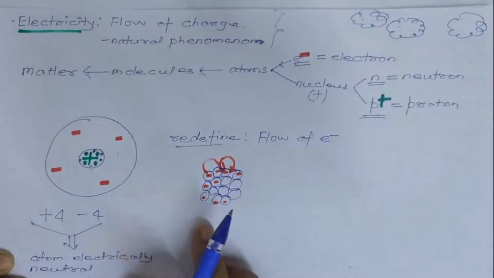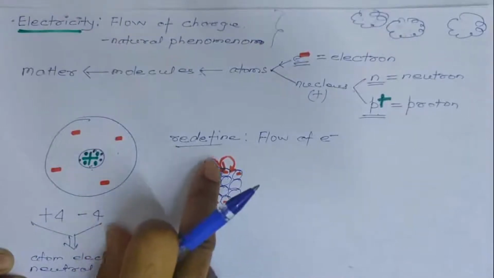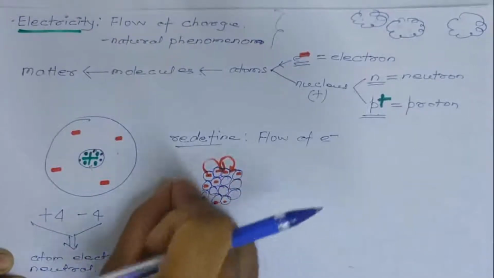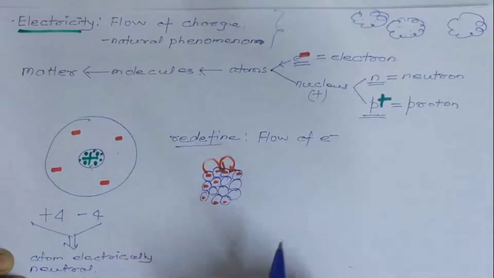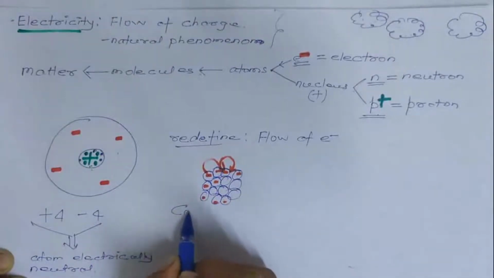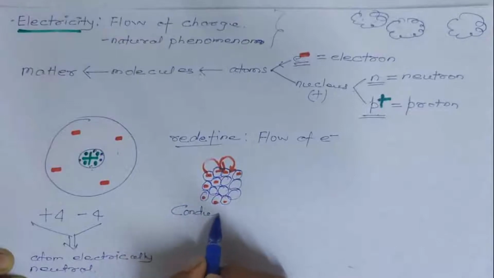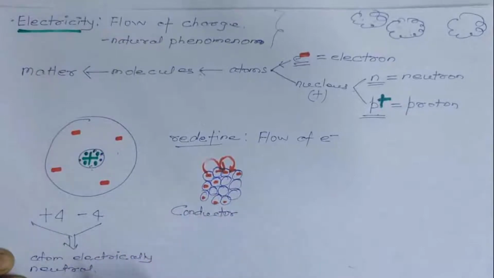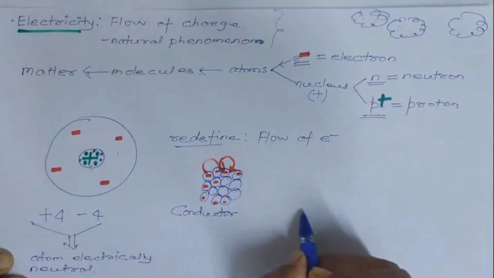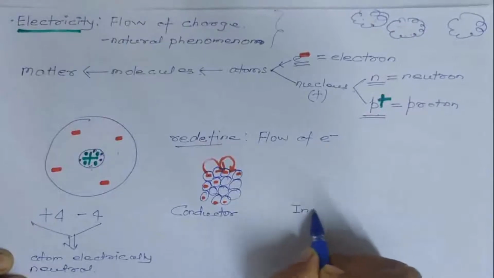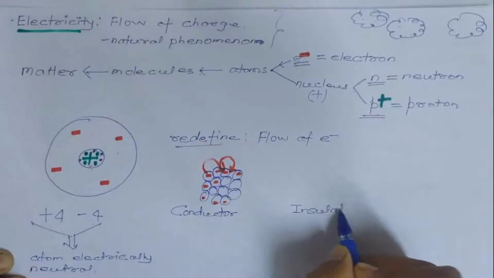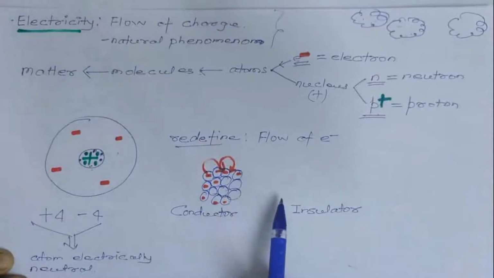A substance in which this conduction of electrons happens, this flow of electrons, at a good pace, we call a conductor. But at the same time there are substances in which flow of electrons happens at a very low speed, which doesn't cause any effect. That type of substance is called an insulator. I'm not going to draw the picture of an insulator.